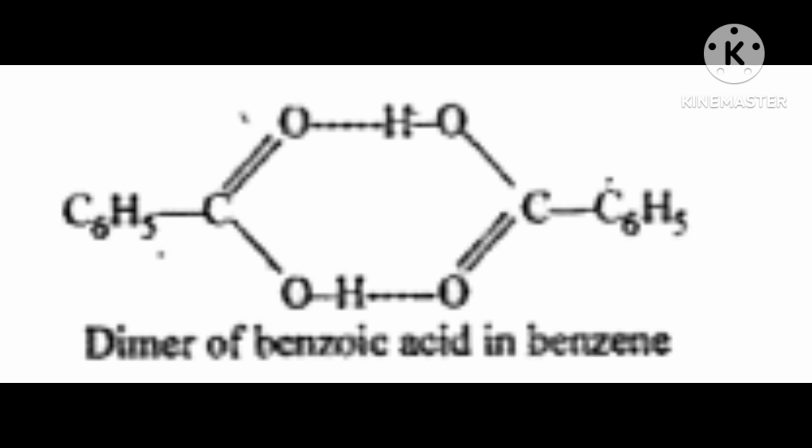The number of moles you have now is the abnormal one. Then what is the normal? Normal was n, according to colligative properties. Observed is n(1 plus x) divided by n, according to colligative properties, and this is equal to i.